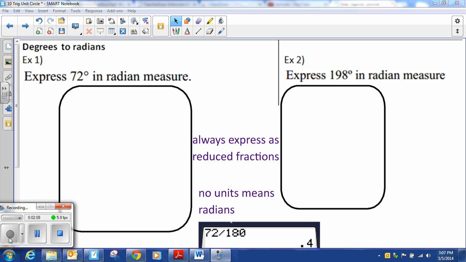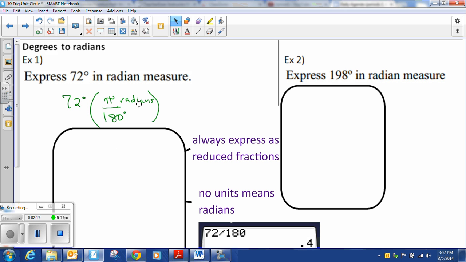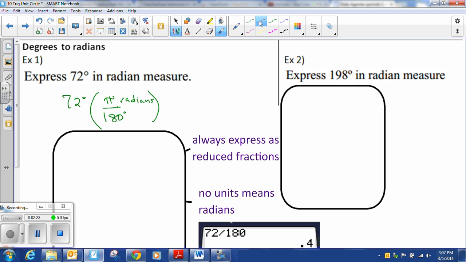Let's take a look at our first example. We're going to convert 72 degrees into radians. So we're going to use the fact that we know that pi radians is equal to 180 degrees. So we set it up this way, 72 degrees. And we set it up like this because degrees cancel with degrees, and you're left with radians.